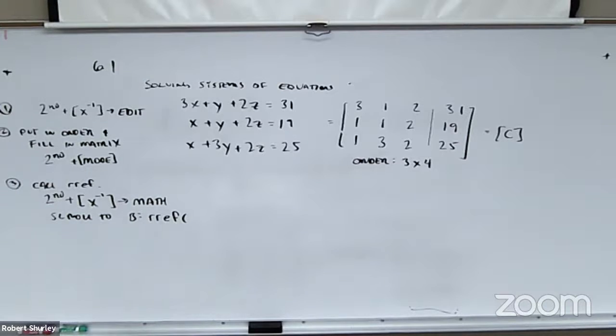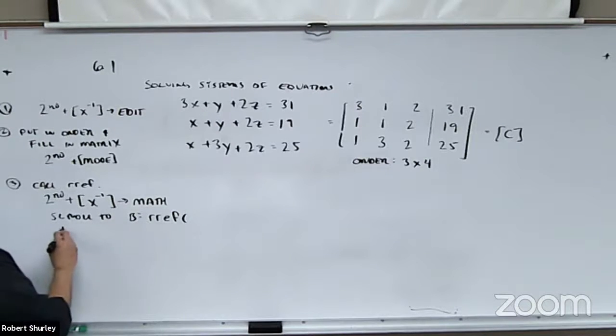And then hit enter. So we're going to do second matrix, and then go over to math now and scroll down to B, which is reduced row echelon form. Hit enter on it. And then it'll call it to the main screen, right? So then scroll down, hit enter.